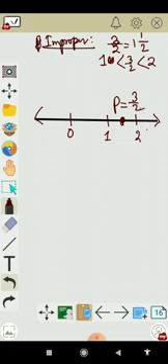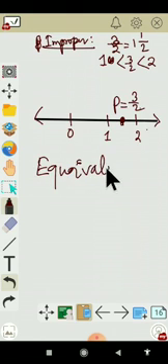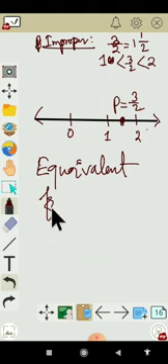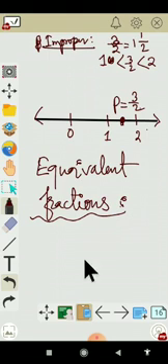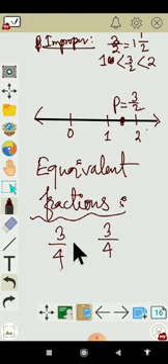Now equivalent fractions. What do we mean by equivalent fractions? Any fraction is given and you have to make its equivalent fraction. How do you make it? You have to multiply the numerator and denominator by the same number.